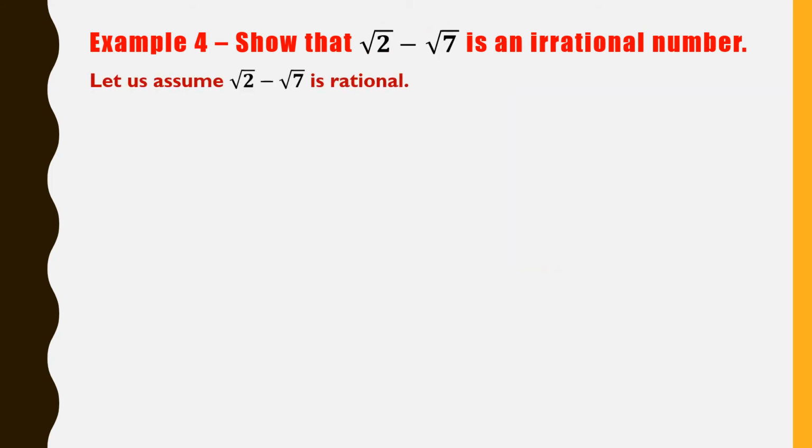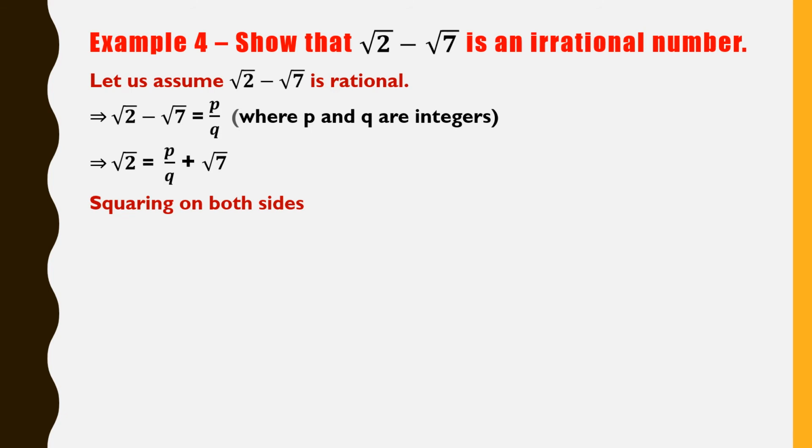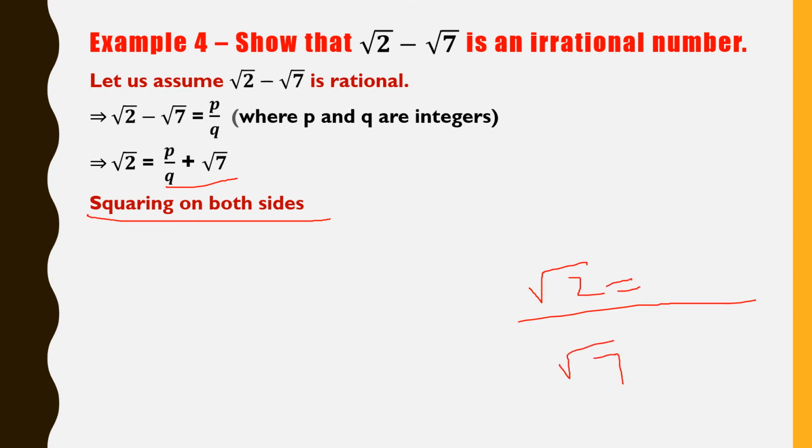So same steps, take it as a rational number where p and q are integers. Okay, here I send whatever is there with the negative symbol to the other side. Why am I sending it to the other side and why am I telling squaring on both sides? Because your last answer should be in one root, whether it may be root 2 equal to or root 7 equal to.